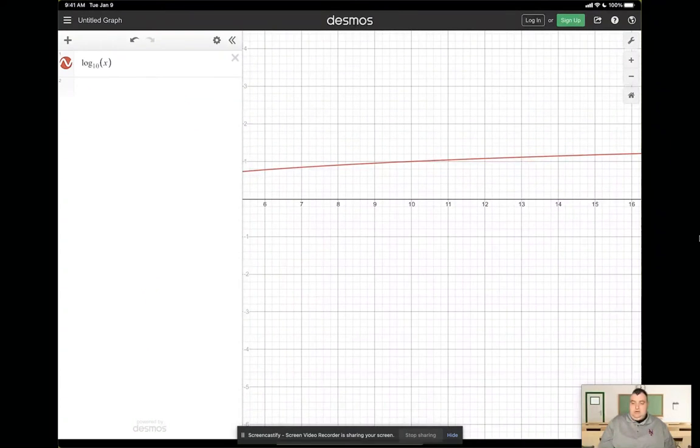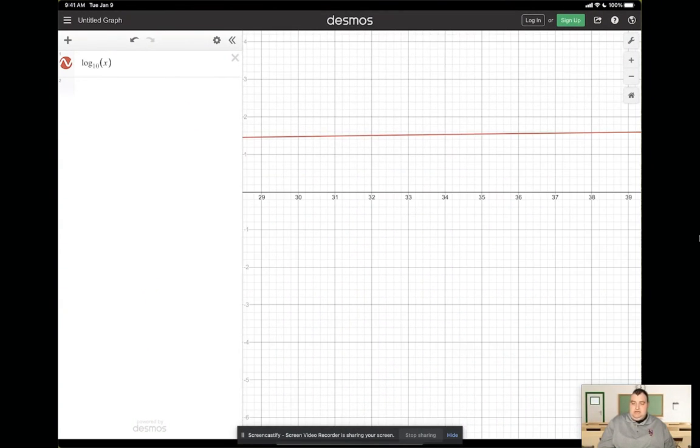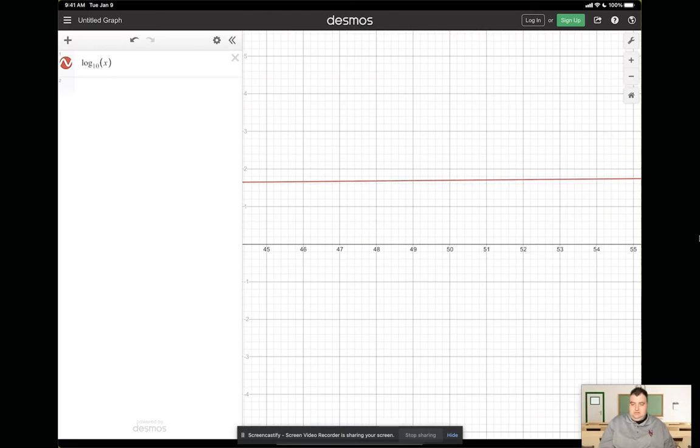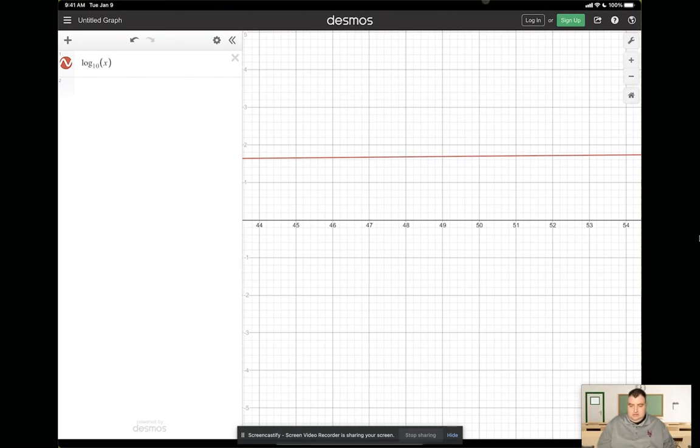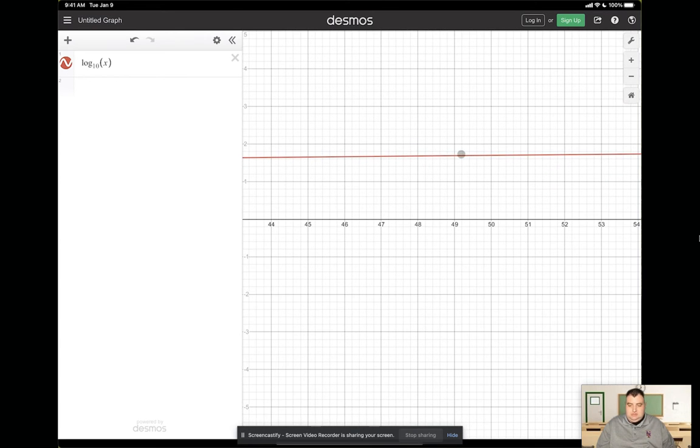I want to know when x equals 50, what is the value? So I need to go to the right here. If you're using your computer, if you hold down your mouse and drag it along the graph, we can get as close to 50 as we can. We might even be able to get exactly 50.